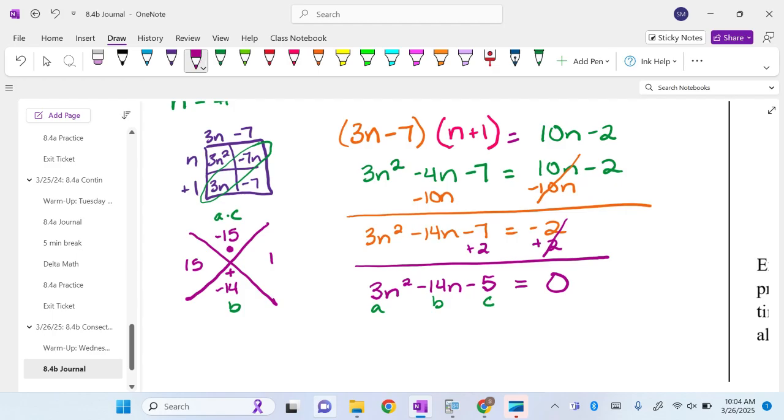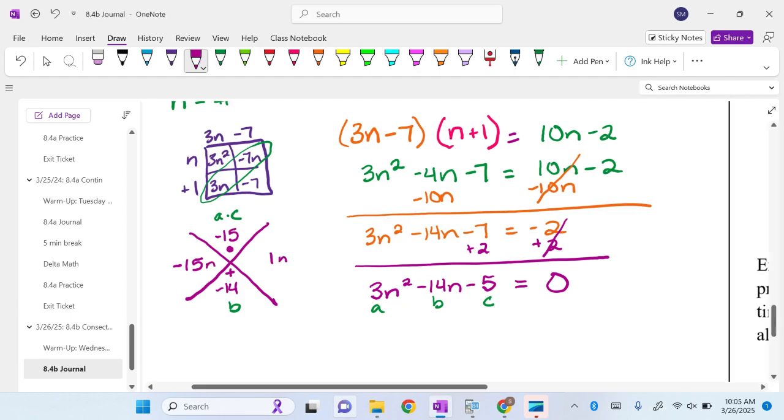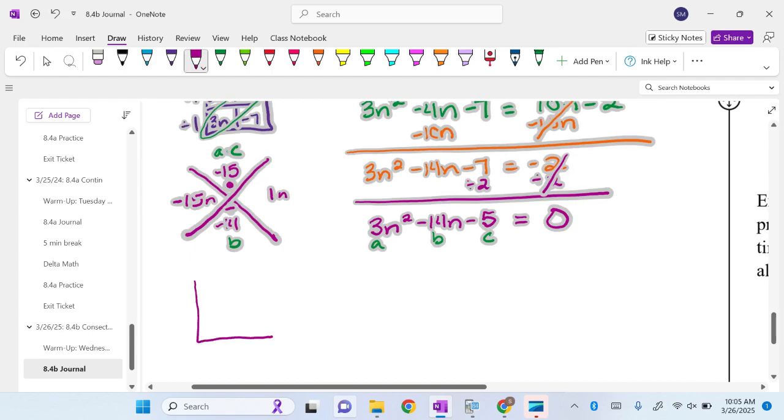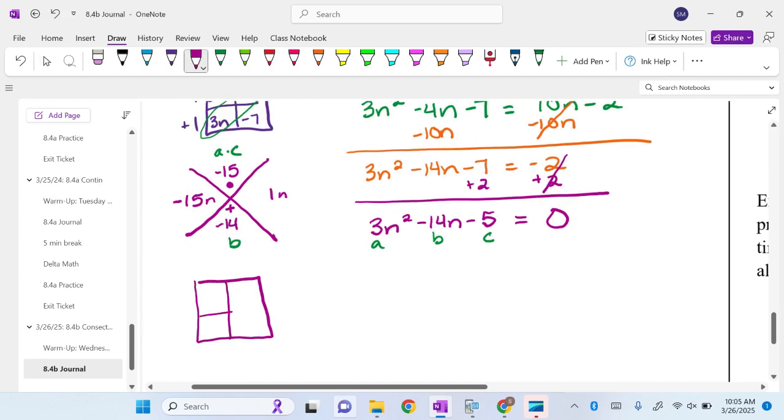The 15, because we want to add to a negative number. If we're adding to a negative number, the bigger number is the negative. Now I'm going to throw ends after these because I have to do a reverse box. So if I do a reverse box, what goes in the top left corner?